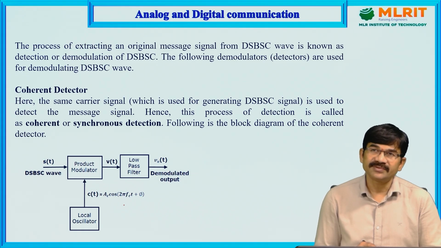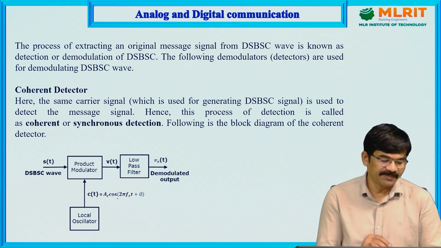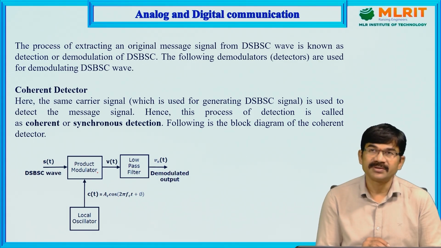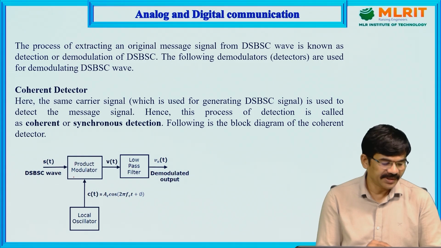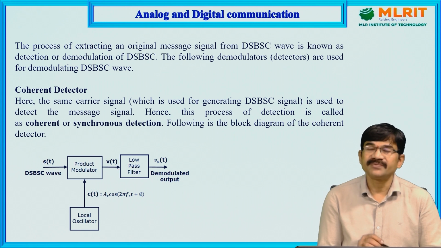The carrier signal we use at the transmitter side, the same carrier signal I am generating here, and that signal I apply to the input of the product modulator. So at the output of the product modulator we get the DSBSC wave multiplied with Ac cos(2 pi fc t plus phi), that is v of t.